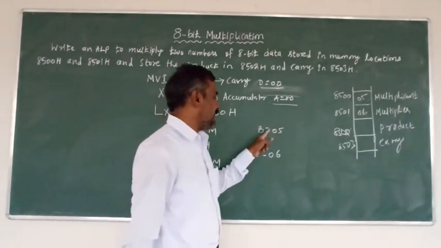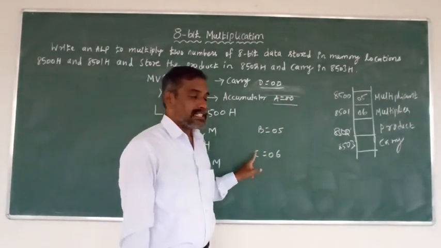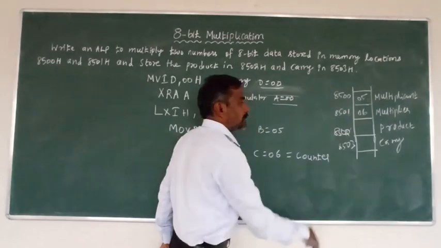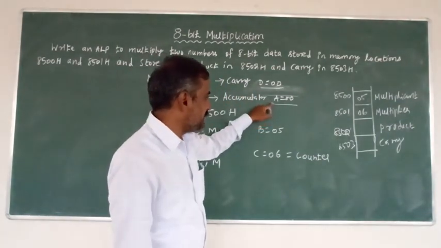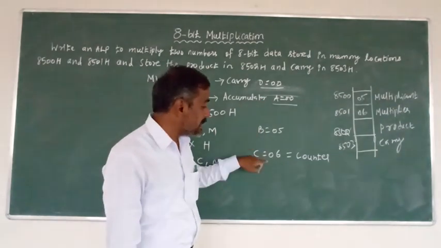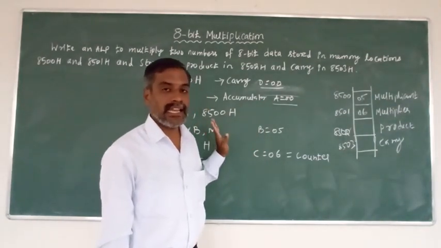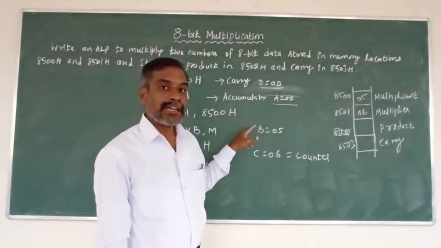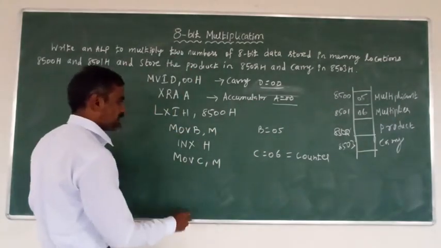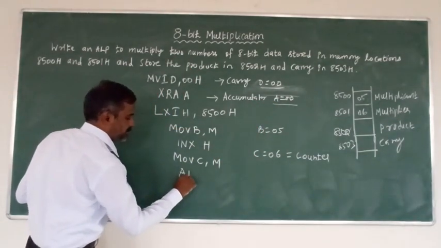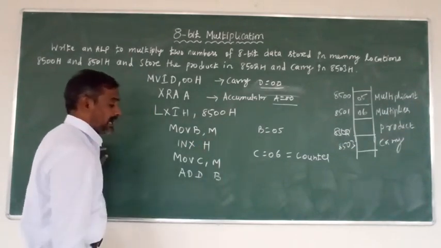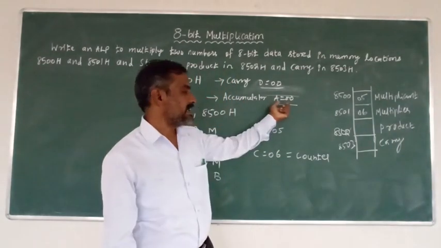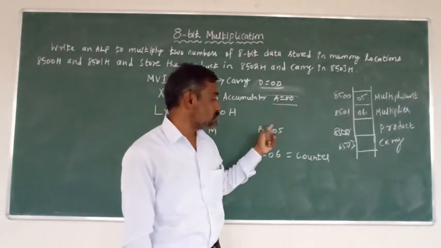Now fix any one register as the counter. Suppose we fix the C register as the counter, so we have to add the accumulator with the B register repeatedly till the C register is 0. First we add the A and B register 8-bit data.